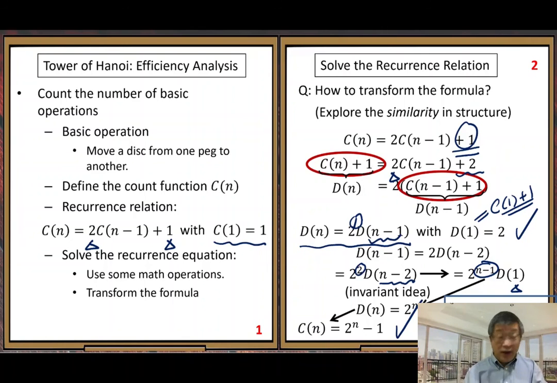Try to understand how we solve the simple recurrence relation. It is very simple, but you can see we use some special idea and a special technique, and it is very effective. All right, so let me stop video 8.3 right here.